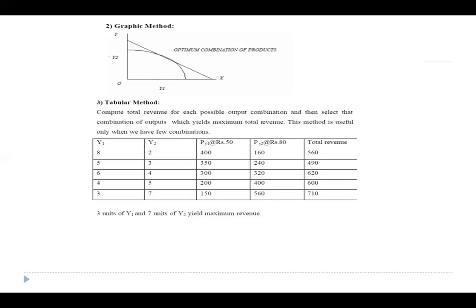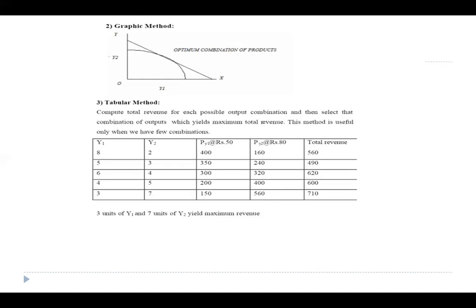In tabular method, one example is given, and this method is useful only when we have few combinations. For few combinations only you can use tabular method, but if the combinations are more than 5 to 10, or more combinations are given in the example, then you go for which method?